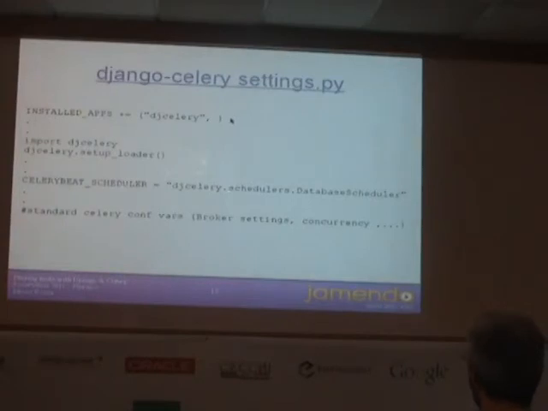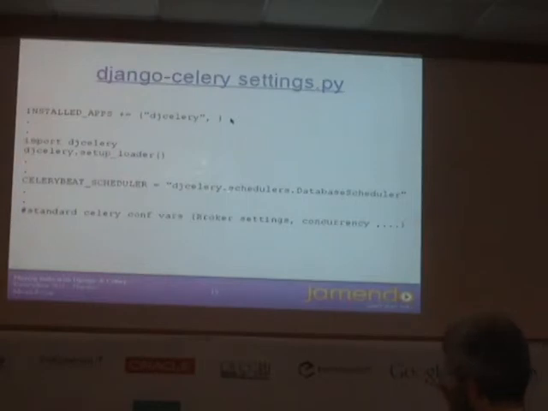It's what you need to run Django-Celery on Django. You just have to add Django-Celery to the installed apps, call the setup loader, and set the Celery beat scheduler. Here you tell Celery to get the periodic tasks that have to be executed from the database of Django. You can also have a different scheduler, the config file.